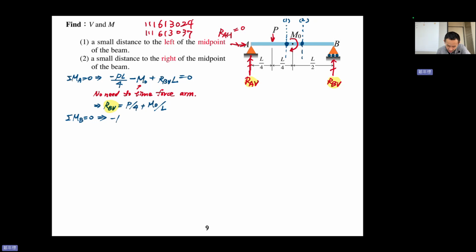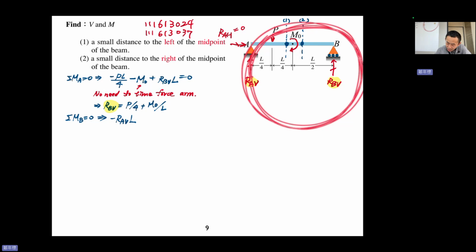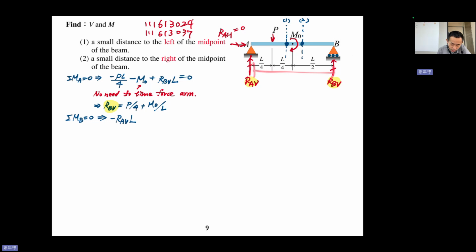And minus RAV L. Why is minus? Because RAV rotates clockwise about the origin B here. So it's minus, and the force arm is entire L. And plus P times 3 over 4 L.